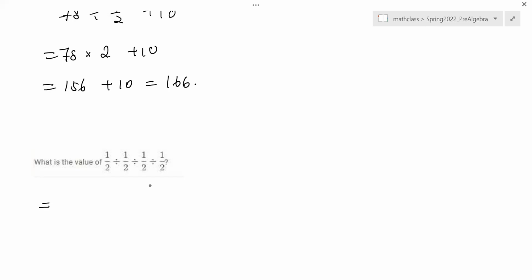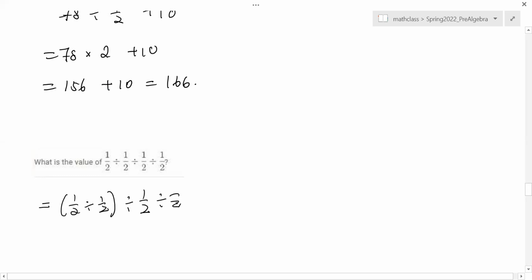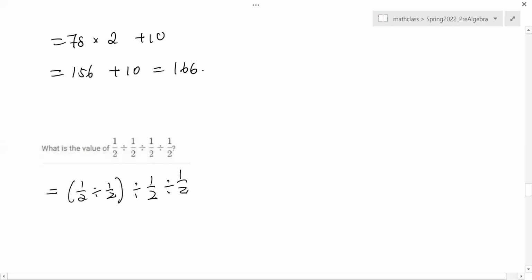So be careful when you put the parentheses there, right? The formula we can use here is this can be written as 1/2 divided by 1/2 divided by 1/2 divided by 1/2. Okay, that's legal, right?